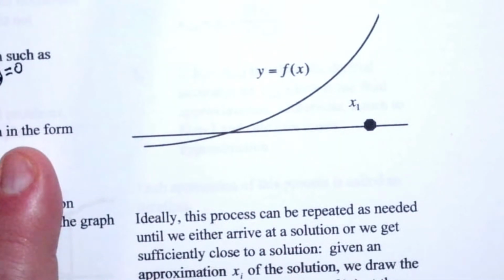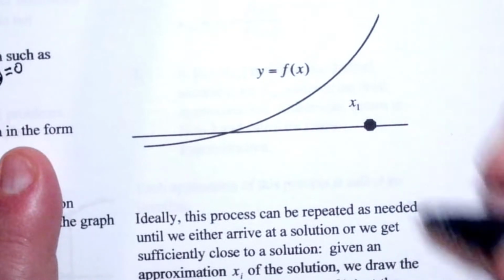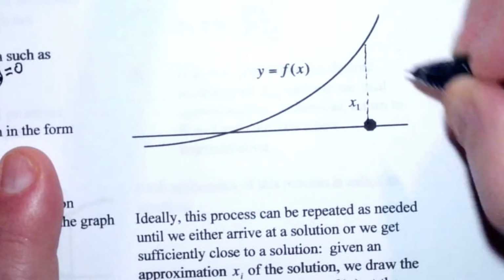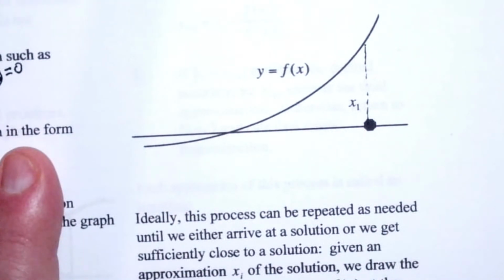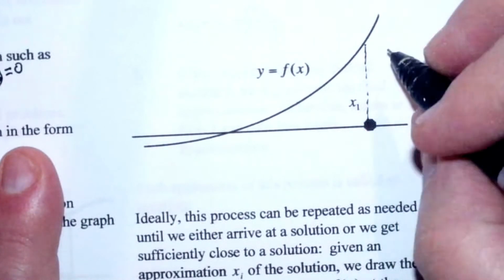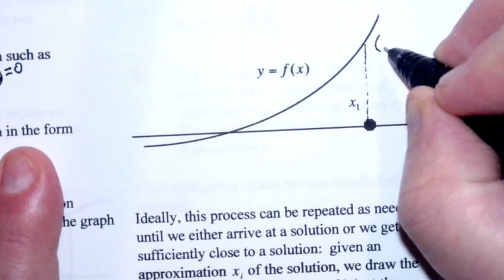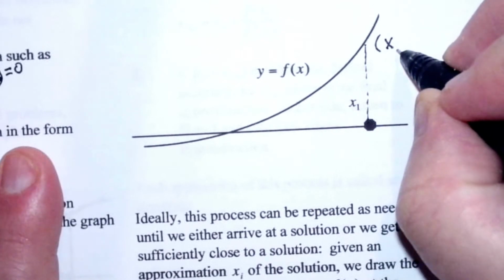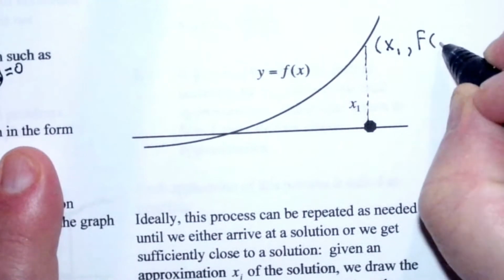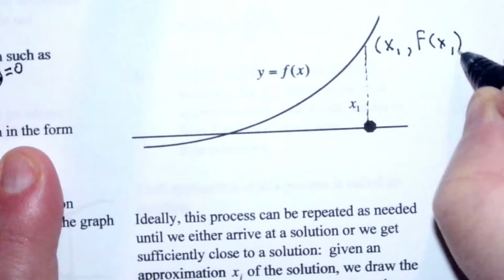We make an initial guess, x1, here on the x-axis. What Newton's method does is go up to the corresponding point on the graph of f. This point has x-coordinate x1 and y-coordinate f of x1.